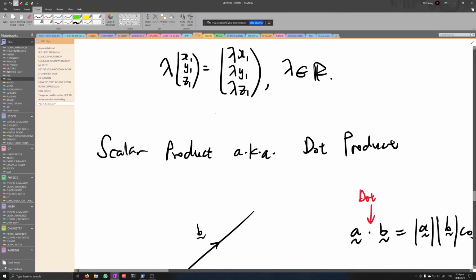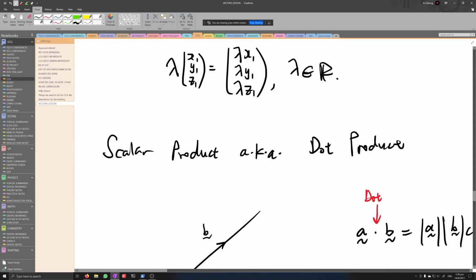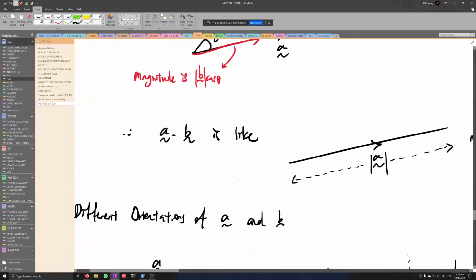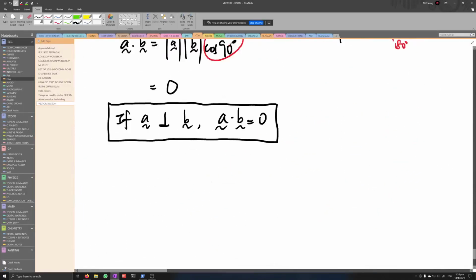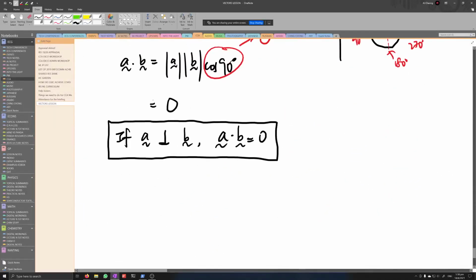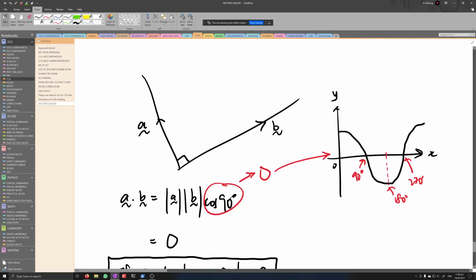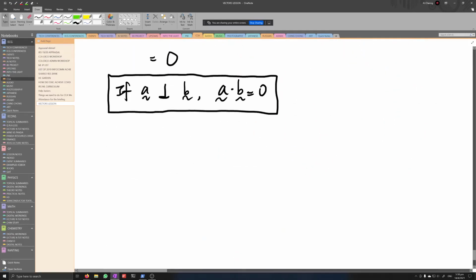That's also why we call it scalar product, because the result of this multiplication operation is a scalar. That is also the reason why here I've written a 0 with no tilde. So it represents a 0 scalar, not a null vector, not a 0 vector. Okay? So that is if these two are perpendicular.